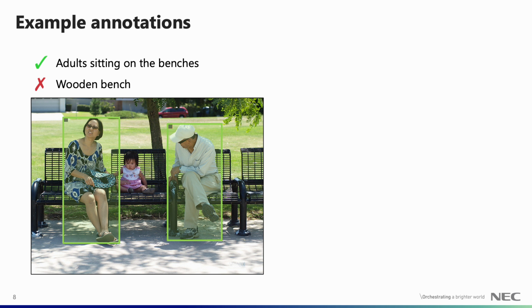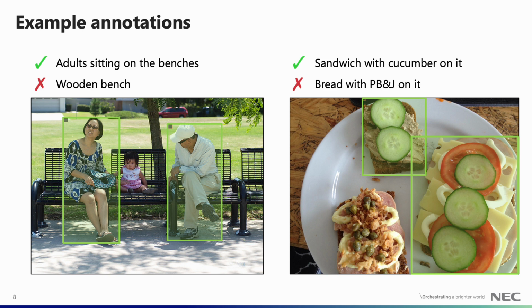The negative description in this example is wooden bench, which is related to the image because there is a bench, but it's not wooden. And in this last example, the positive description states sandwich with cucumber on it. With our annotation pipeline, we ensured that there are also sandwiches in the image without a cucumber on it, which then requires any model to look at all the words in the object description.